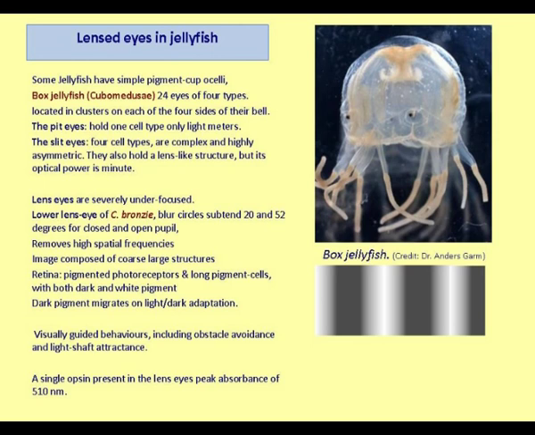It's got slit eyes, it's got pit eyes, it's got 2 lensed eyes, one that always points up, because there's a little bit of stone in here that acts as a buoyancy to keep it on, and one that always points down. And these are camera eyes, and they can actually see spatial detail.